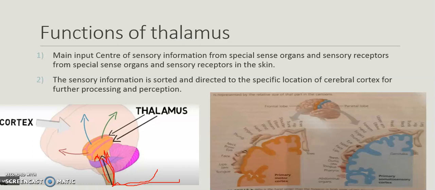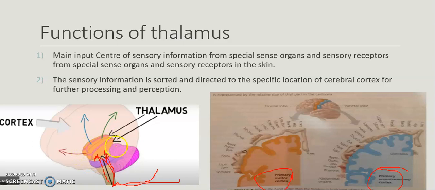In our cerebral cortex there is a special region called the motor cortex and sensory cortex, and there are specific locations for every organ. So whatever information is coming from our special sense organs comes into the thalamus. So we can relate it as the main input center of sensory information.